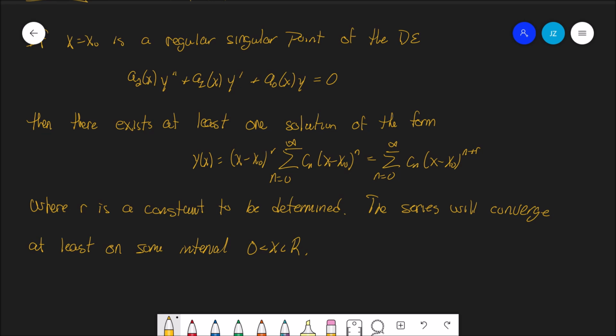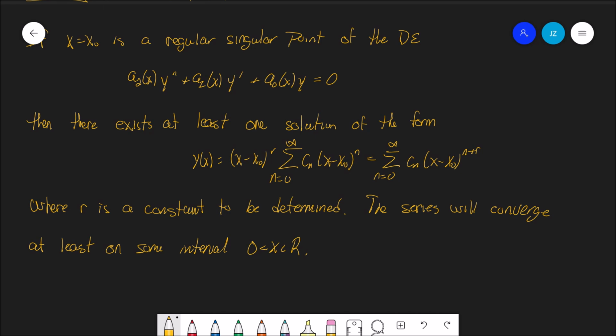It is the radius of convergence. Unlike in the previous section where that big R was the distance from the ordinary point to the closest singular point, we'll actually have to find this big R when we find our power series solution.